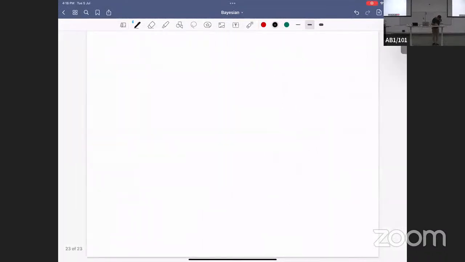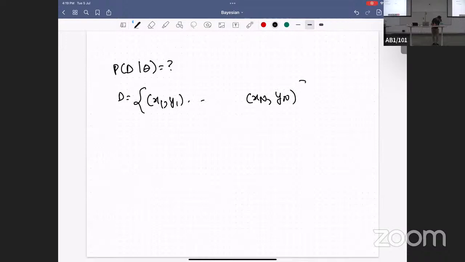So coming back, what we're trying to obtain is probability of D given theta. D is the pairs x1, y1 through xn, yn. So probability of D given theta, we first write it as probability of y given x and theta, because x is known to us, right?